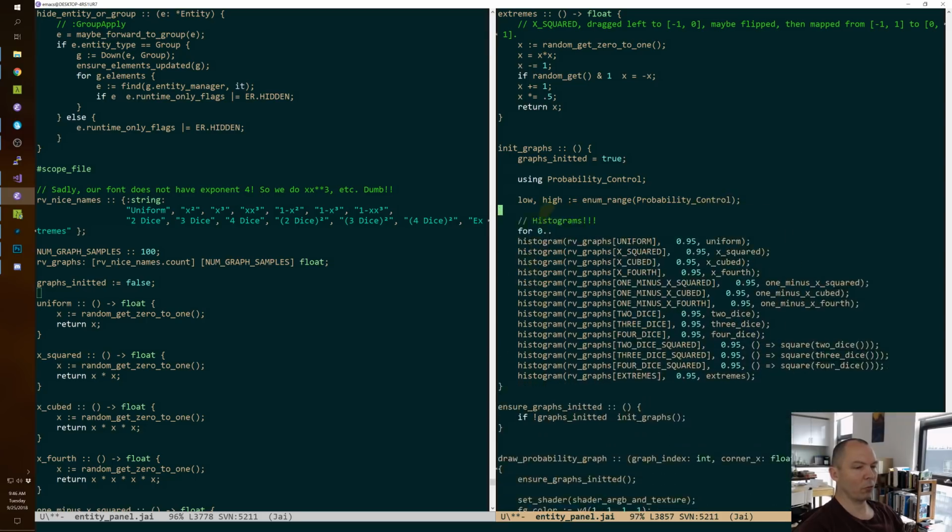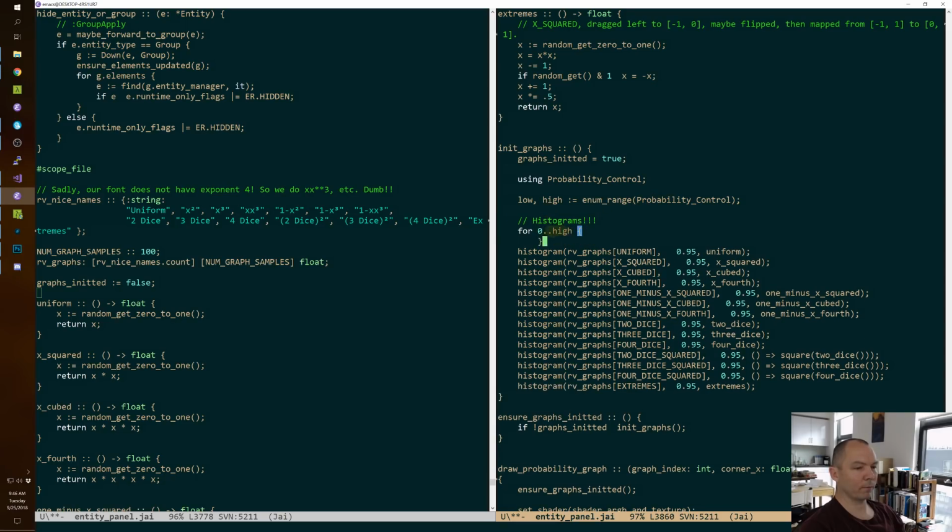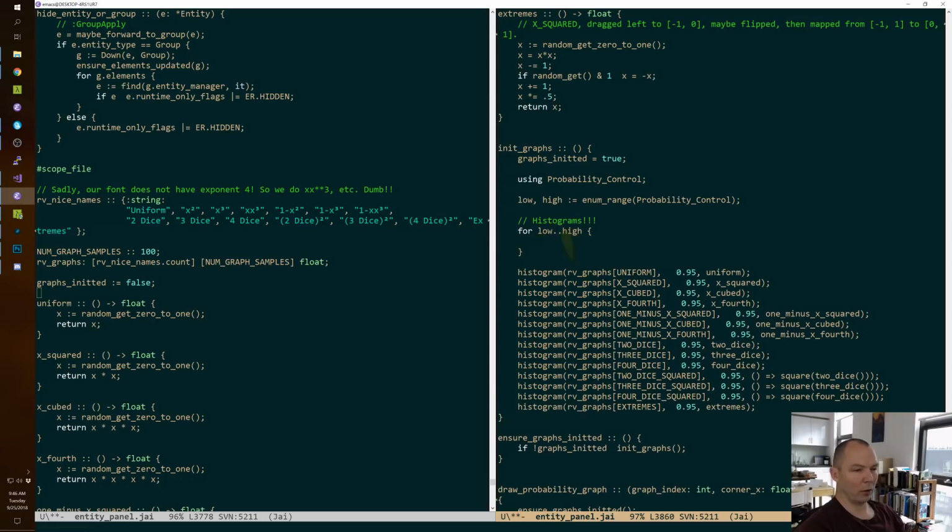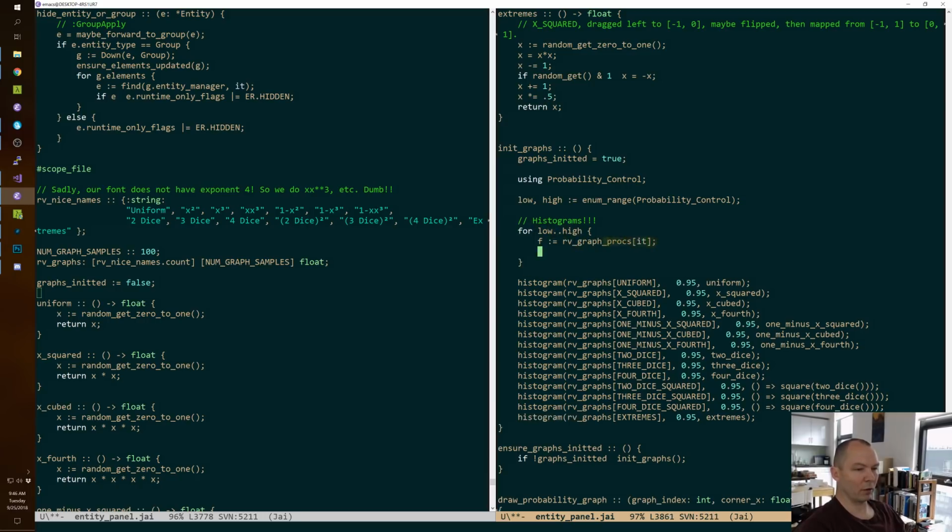So we're going to go for, well, low to high. Sure, why not? We're going to say f is rv graph procs of it, right?